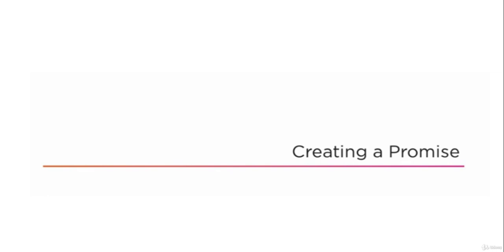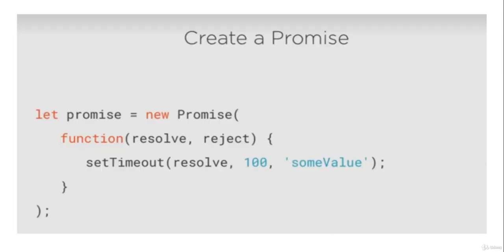So I like to think of a promise as a promise to actually get a value back to you. It might take some time because we are waiting on an asynchronous call, but eventually you will get a value back or at least an error.